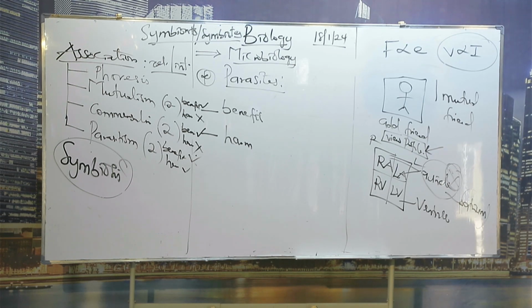There are four main types of symbiosis, namely: 1. Phoresis, 2. Mutualism, 3.